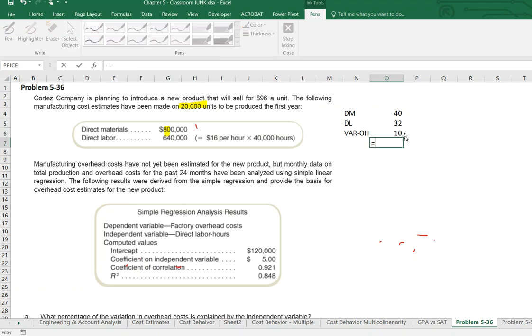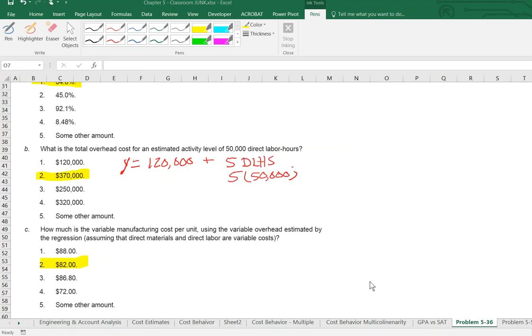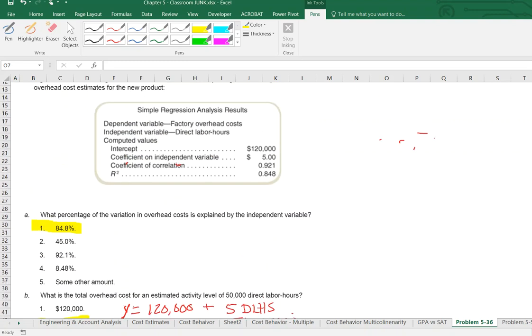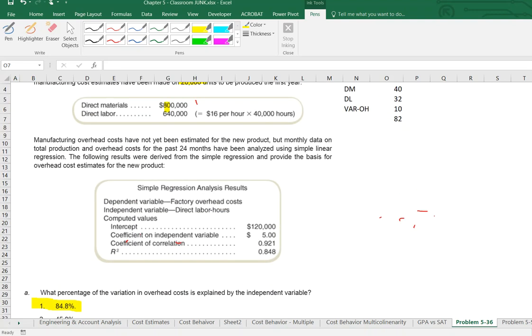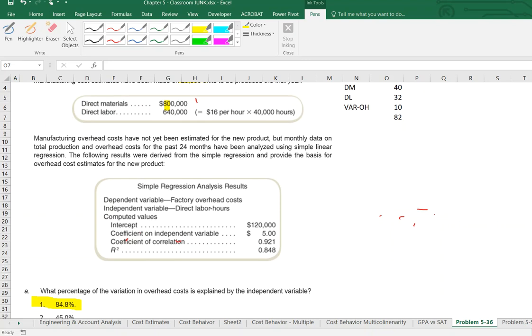So total variable cost per unit, the 10 plus the 32 plus the 40, is $82 per unit. And again, that was simply the direct materials of 40, direct labor of 32, and variable overhead of 10.